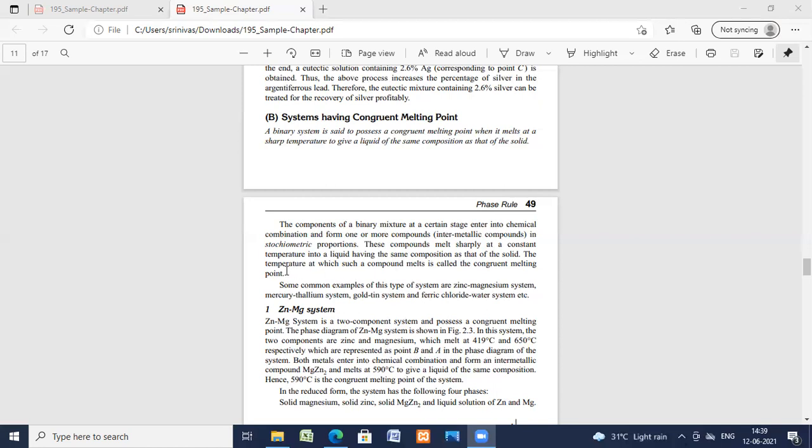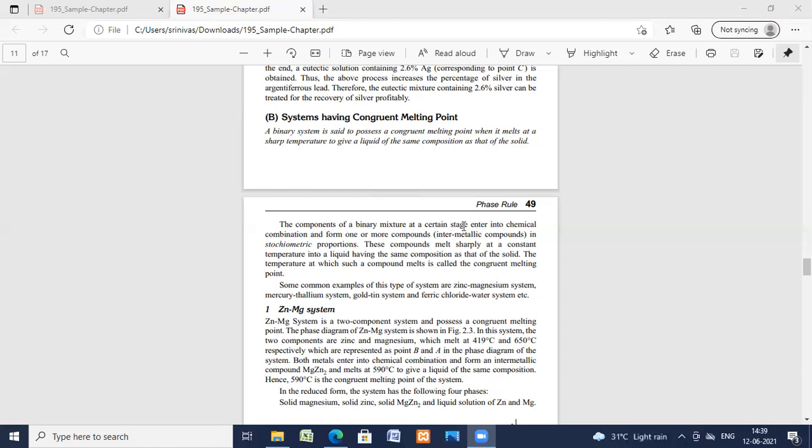Similar examples are the zinc and magnesium system, mercury thallium system, gold tin system, and ferric chloride and water system. All these are congruent melting point systems. Now you have understood the concept.